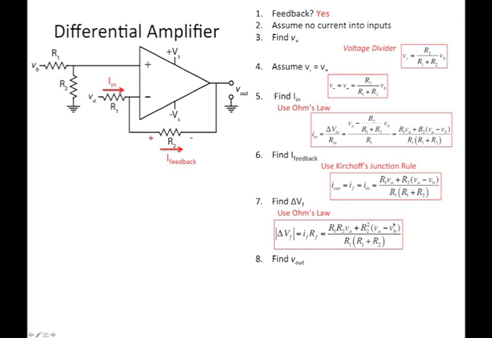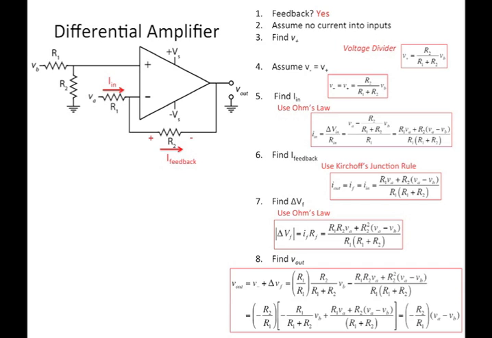So it's our complicated current times R2, which is our feedback resistor. And then we can find V out, which is just going to be V minus, which we calculated up here, plus the change in potential, which we calculated here. And we can just write all that down.